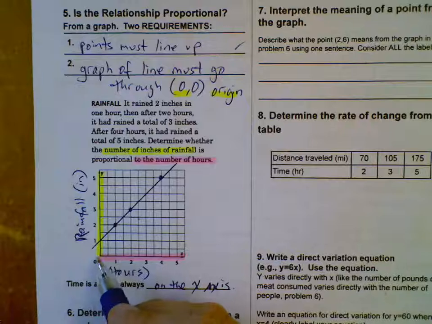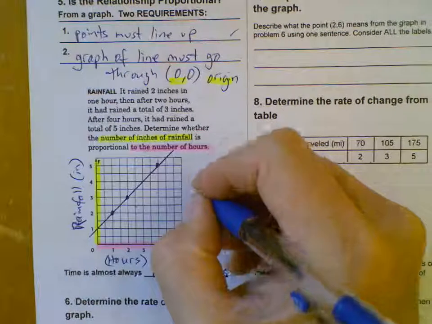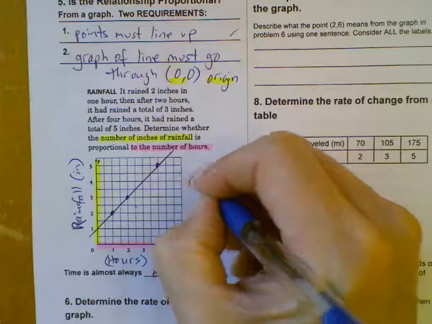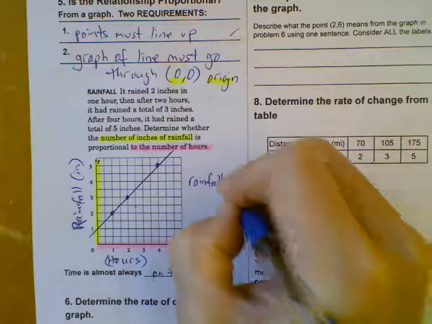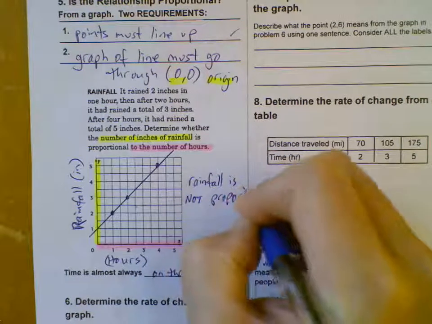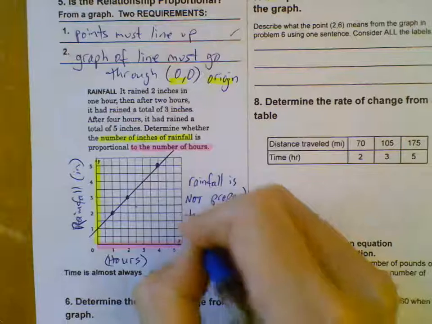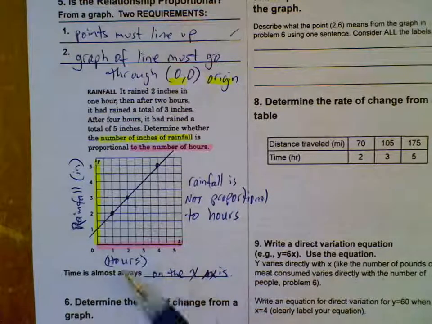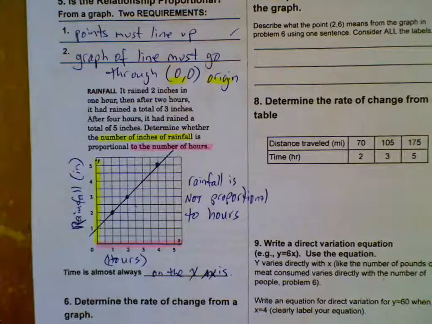There's the origin right here. So we would say rainfall is not proportional to hours. That is, there's not a direct connection between the amount of rainfall and the number of hours, at least in this case.